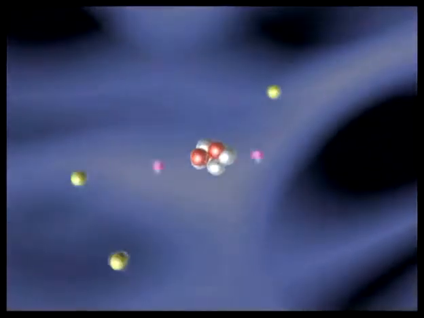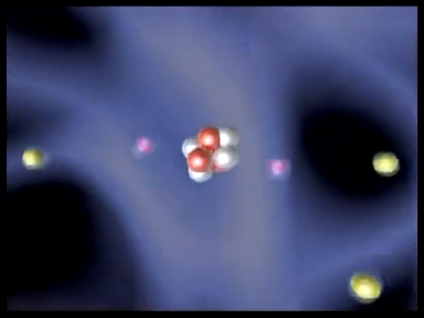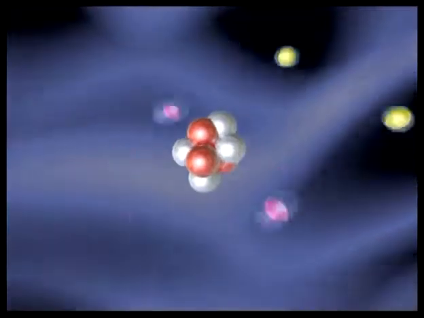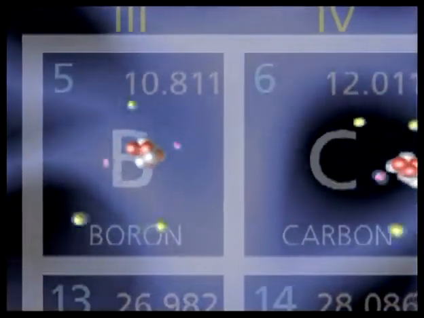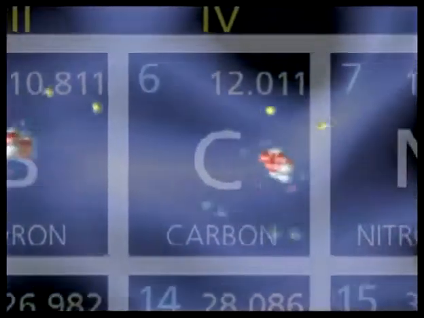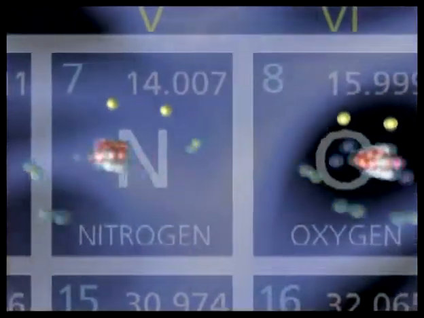A noticeable pattern in the periodic table is that individual atoms decrease in size as you move right across a period. This is because within a period there is the same number of electron shells. But as you move to the right of a period, the elements increase in atomic number.